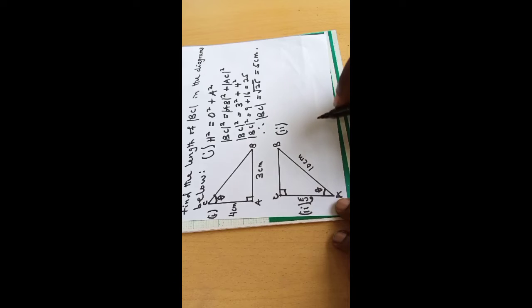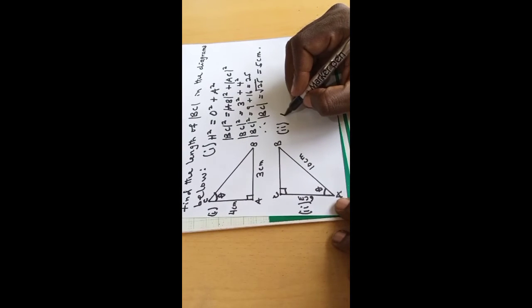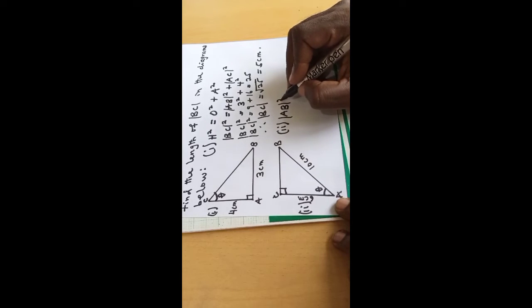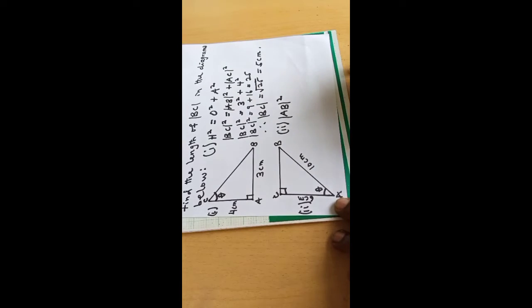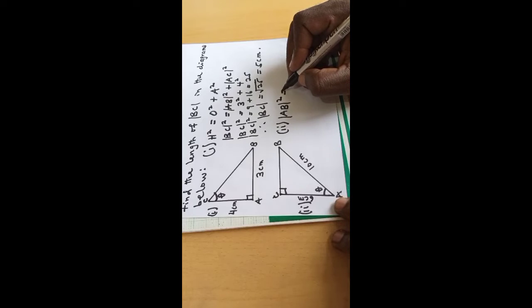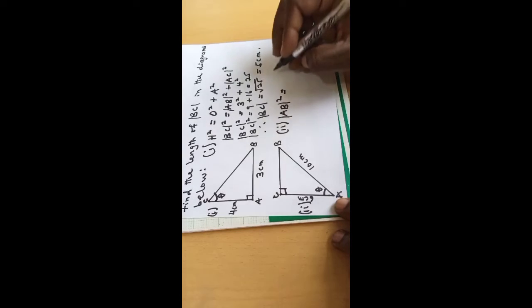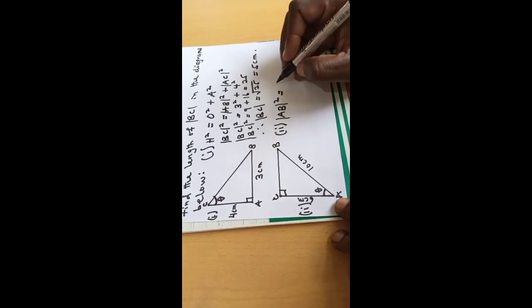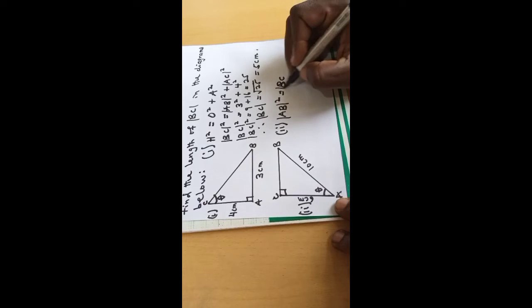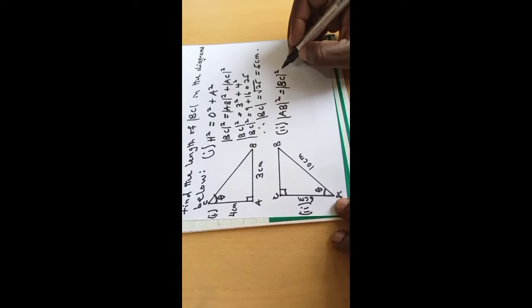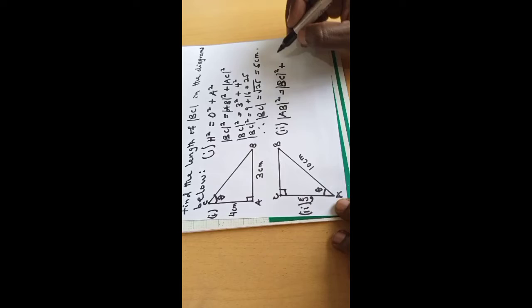So our hypotenuse now is AB. So AB squared is equal to our opposite, which is BC, so BC squared, plus our adjacent, which is AC squared.